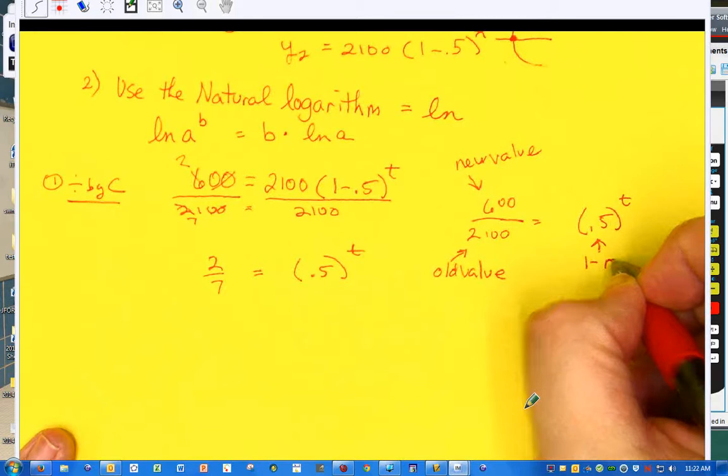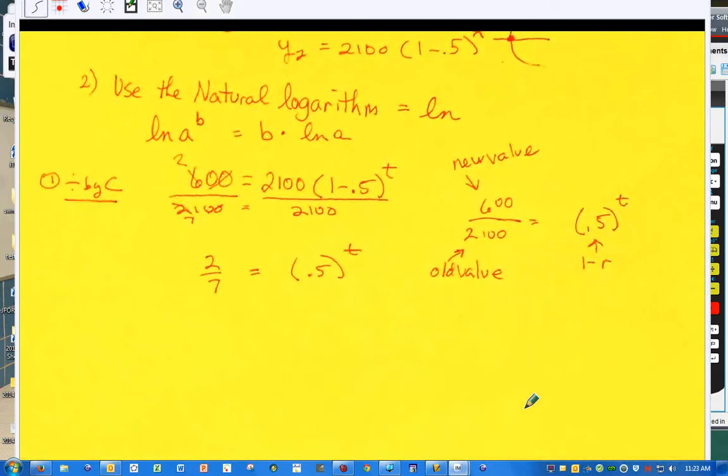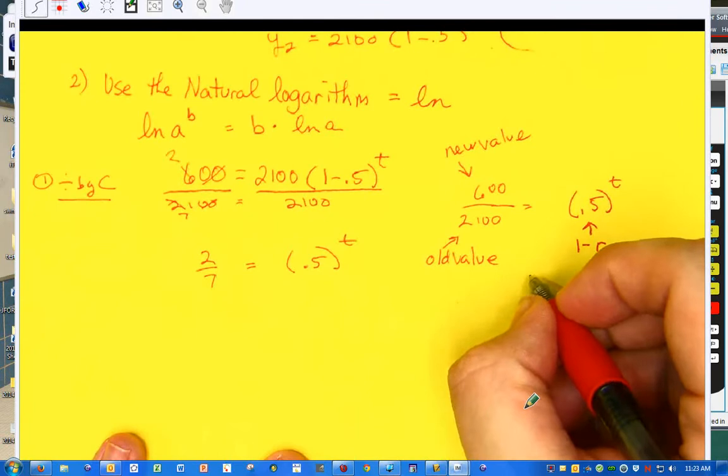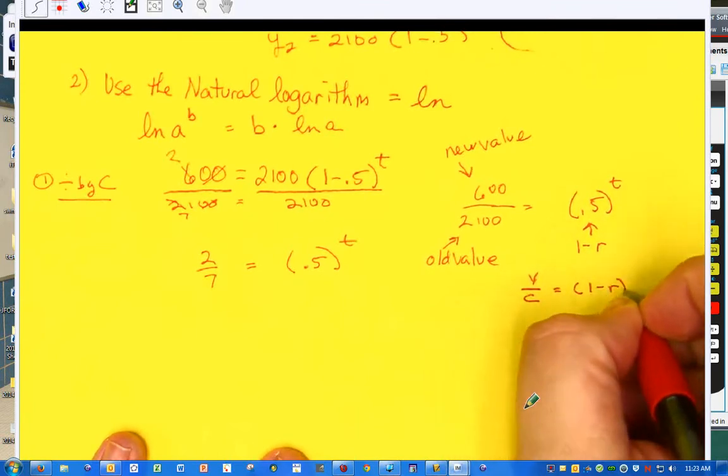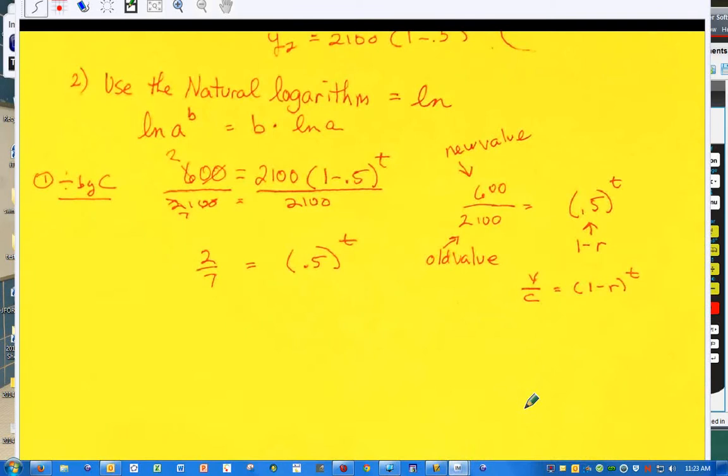Now, we're going to utilize the fact that we can do anything to both sides. And what I'm going to do is take the natural log of both sides. So this is the new step. And you really don't have to know what the natural log is in order to use it to solve this problem. So what I'm going to do is take the natural log of 0.5 to the t power.